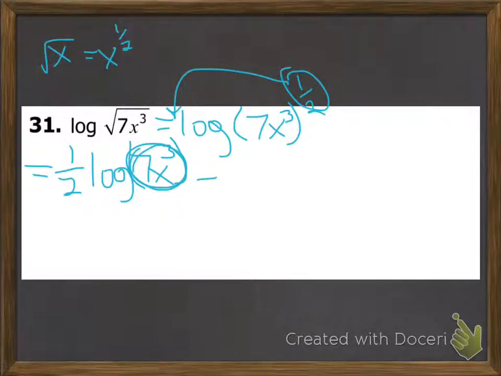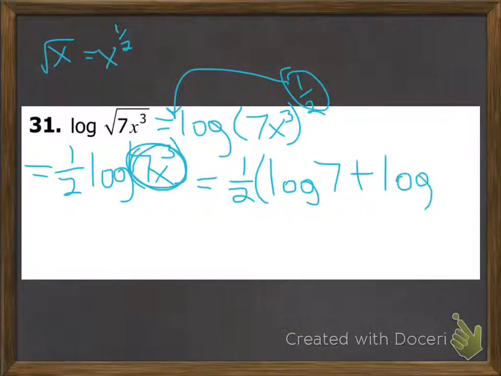So now we're going to have 1/2, and then use parentheses, as always, log of 7. There's no base indicated, so we can assume that it's base 10, but you don't have to write base 10. And then plus log of x to the 3rd, close parentheses.